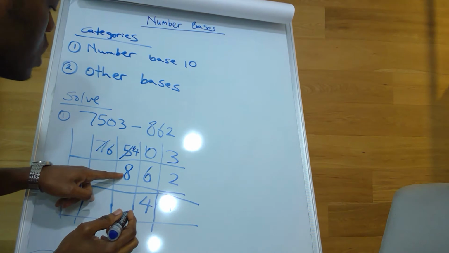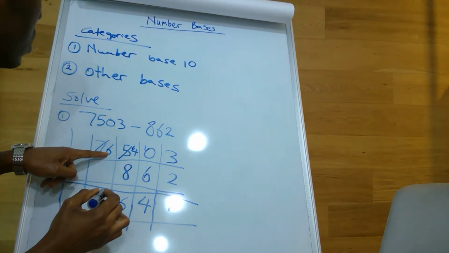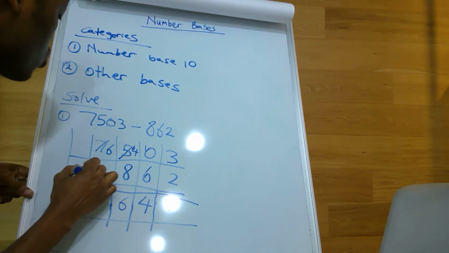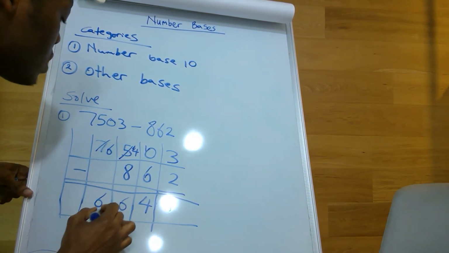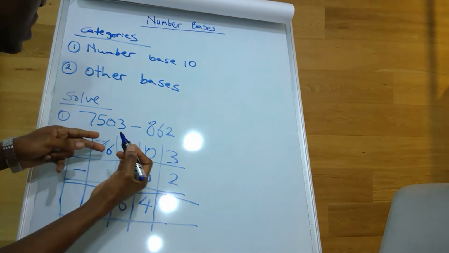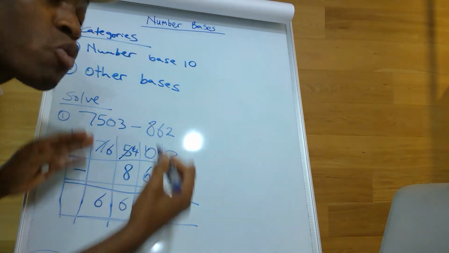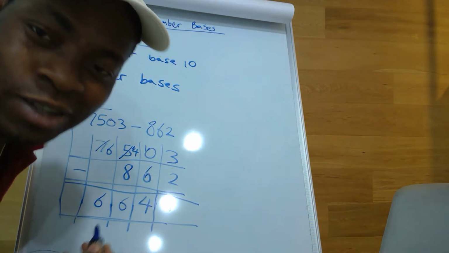Now, this is 14. 14 minus 8. That will give us 6. Then nothing is there. Don't forget we are working with minus. So our answer is this. Everything that we have done here is our normal nursery and primary school, but everything that we were doing that time is base 10.